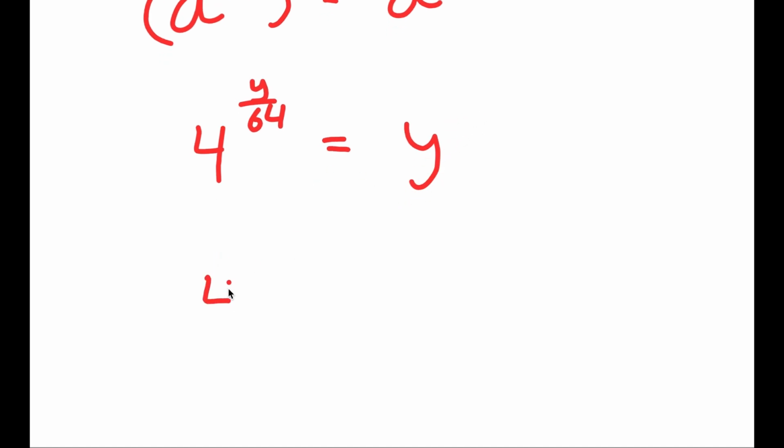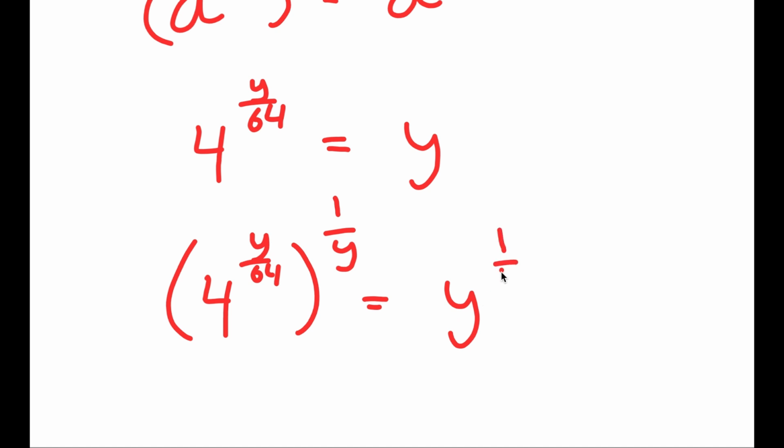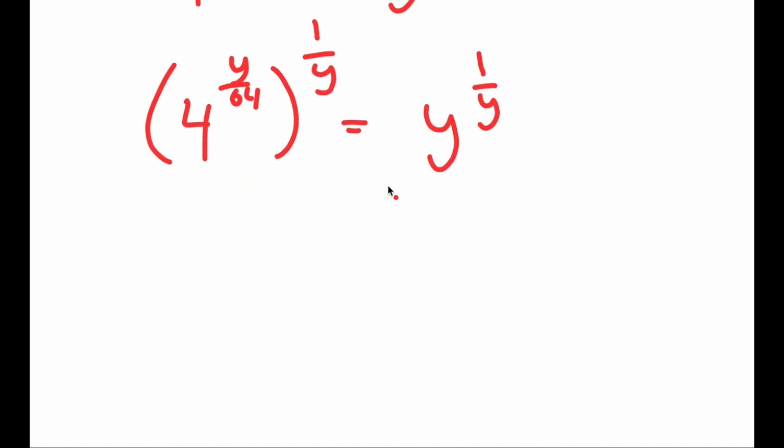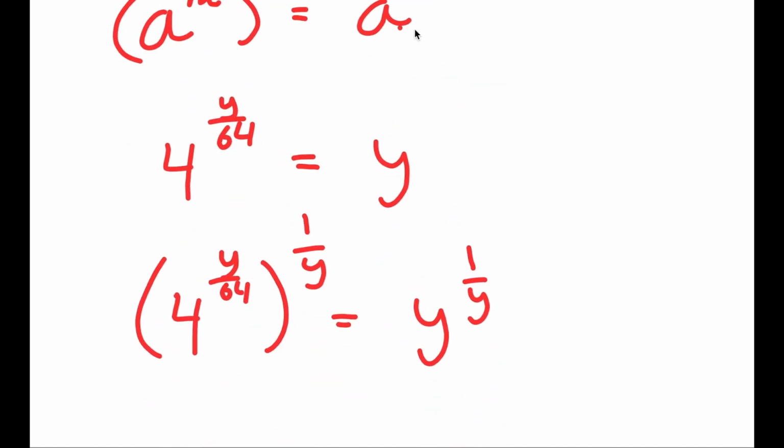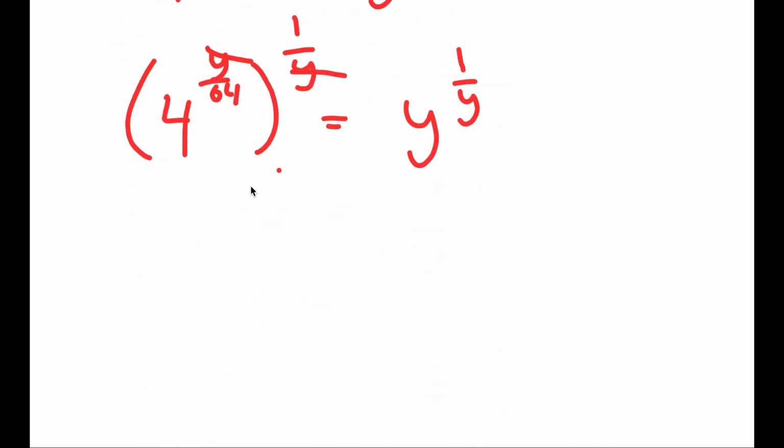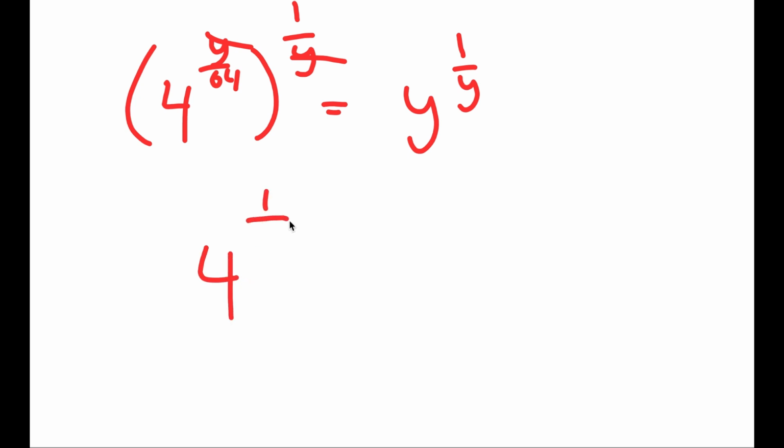And now I'm going to take the power of 1 over y on both sides. So now if I have something, again, in the form a to the power of n to the power of n, they multiply, meaning these two cancel out, and now I have 4 to the power of 1 over 64 is equal to y to the power of 1 over y.